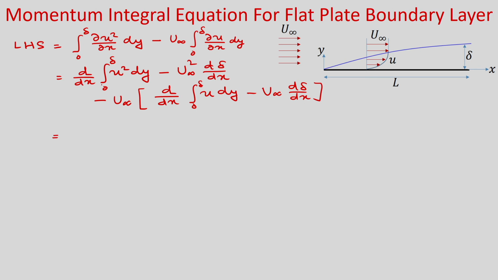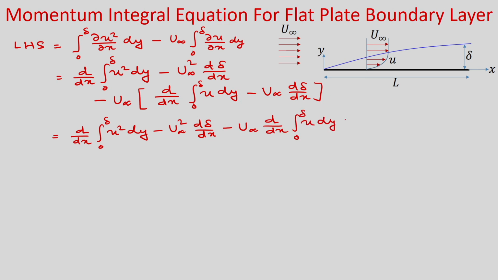You can see we can write d/dx of the integral from 0 to delta of u square dy minus u infinity square d delta/dx. Now, let us multiply this u infinity with these two terms. So, we will get minus u infinity d/dx of the integral from 0 to delta of u dy, and this will be plus u infinity square d delta/dx.